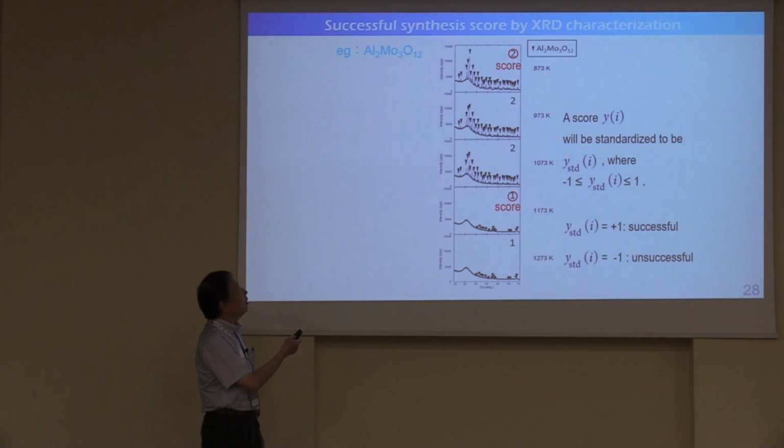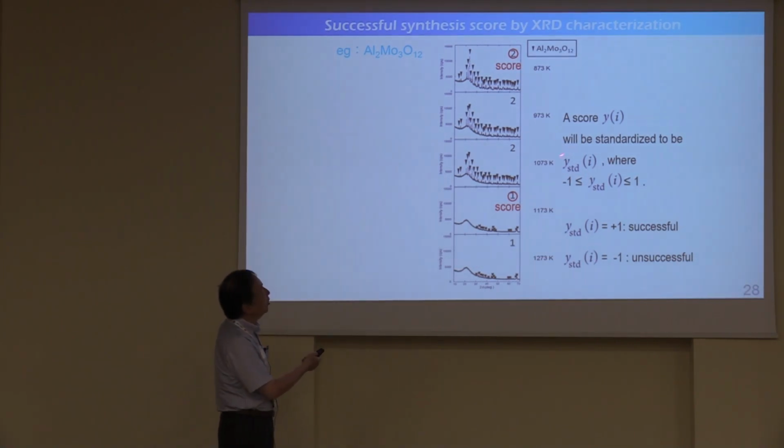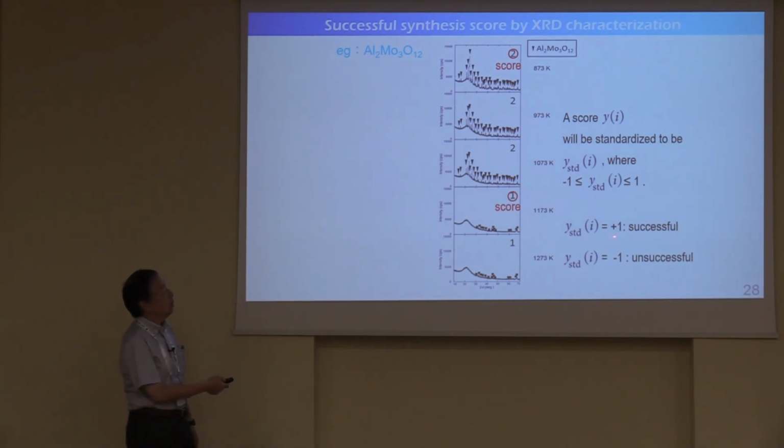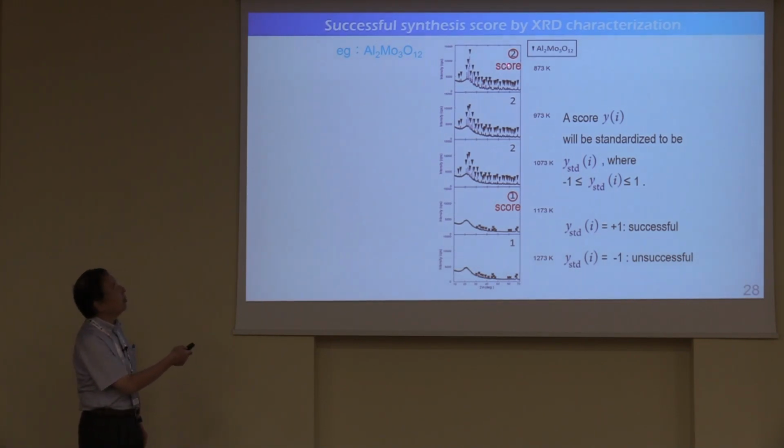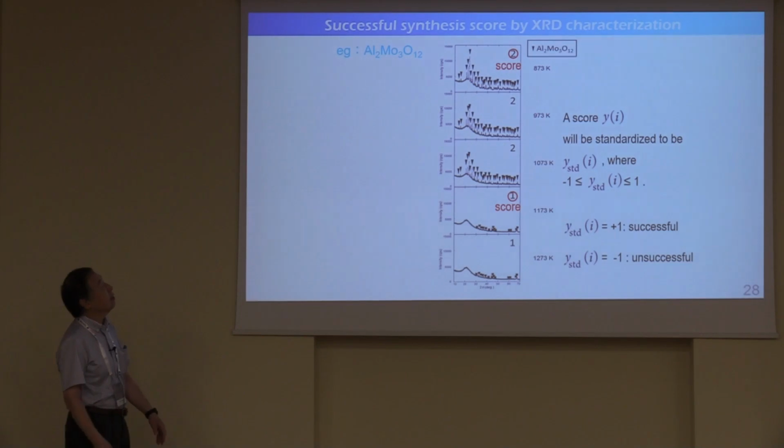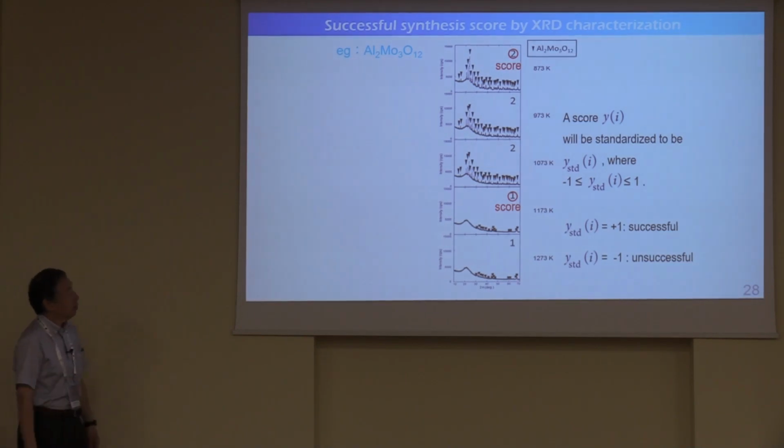But anyway, we obtained these scores, and the scores are standardized to be within -1 and 1. So +1 corresponds to a successful synthesis condition, and -1 corresponds to unsuccessful conditions. That is the reason why we can keep any kind of scores we want.